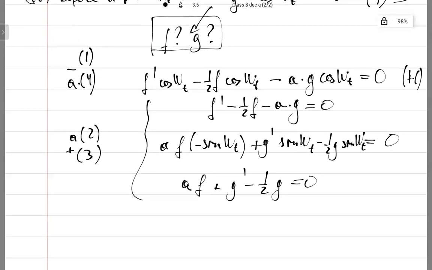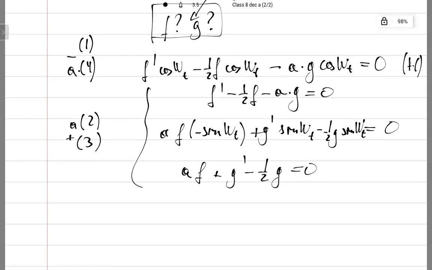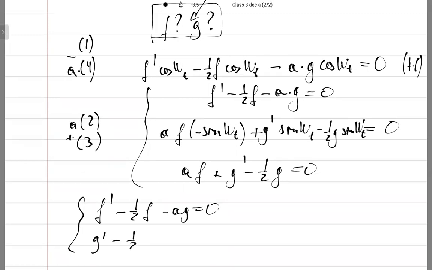Okay, now what else? Now we have a system of ordinary differential equations. j prime minus 1 over 2 j plus af equals to 0.